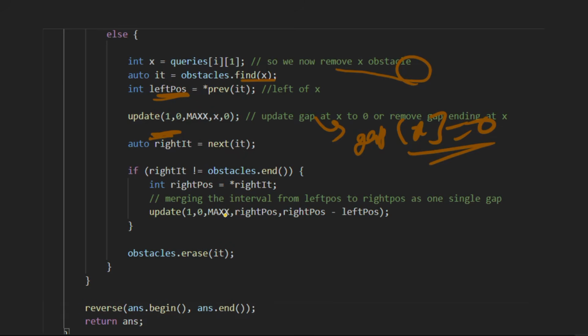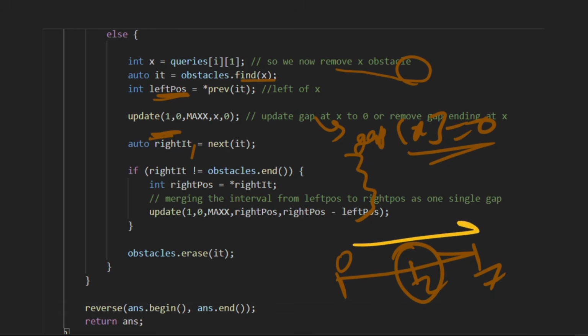And then we check the right of it. If the right of it is not equal to obstacle dot end, that means our current obstacle is present in between, so we have to merge the gaps. Suppose we have 0, 2 and 7, and we have to remove 2. So we need to merge the gap between 0 and 7. So this part is to merge the gaps.